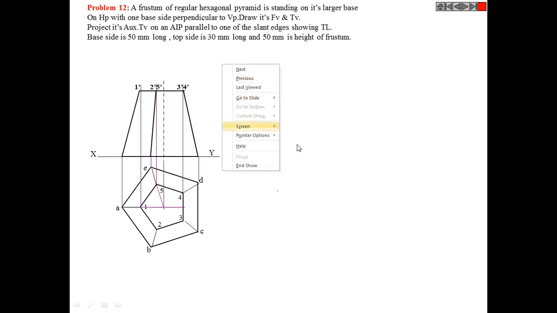How many slant edges are we having in this problem? 5. 1, 2, 3, 4, and 5. Now it is telling that the slant edge shows true length, so we need a plane parallel to that edge. First we need to identify which slant edge it is.